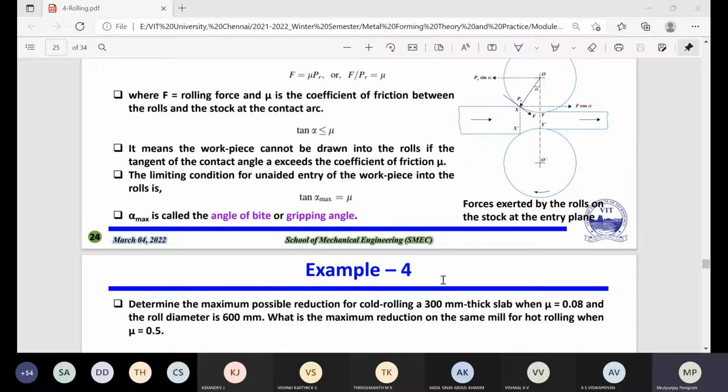So you have to find the maximum reduction, that means D max. Please try. This is the very easiest one, very small.